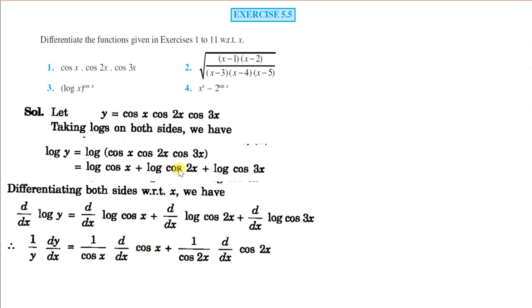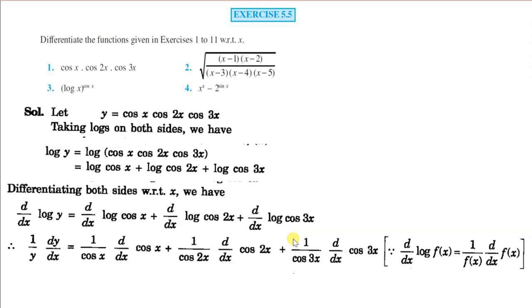Similarly in the second one, 1 by cos 2x into d/dx of cos 2x, chain rule applied here also for the second term. And next one is log cos 3x, so 1 by cos 3x into d/dx of cos 3x. Now derivative of cos x is minus sin x, and the derivative of cos 2x is minus sin 2x into d/dx of 2x.